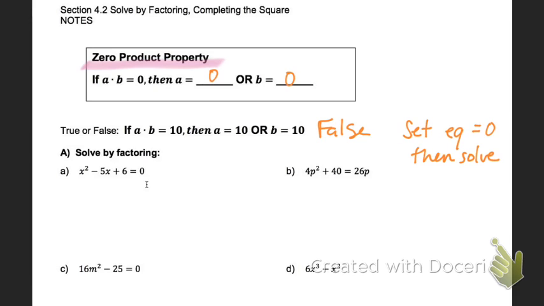So we're going to start with an easy factoring one. It's already set equal to 0 for us. So let's factor, we're solving for x. The first step is setting the equation equal to 0, then factoring it. So I'm going to factor the left side. What would that look like?